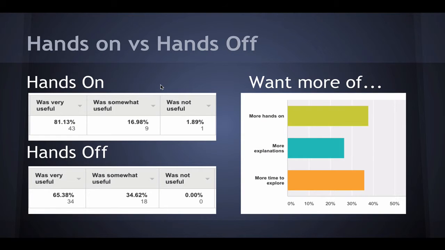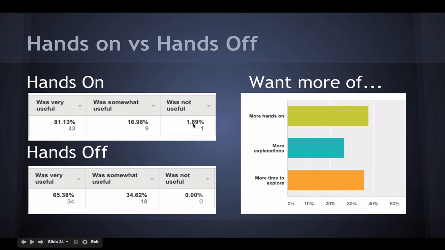When we actually looked at hands-on versus hands-off, 81% said that hands-on was very useful, and 65% in a separate question said that hands-off was very useful. 34% said hands-off was somewhat useful, and only 16% said that hands-on was only somewhat useful. Interestingly, even one person said that it wasn't useful at all.